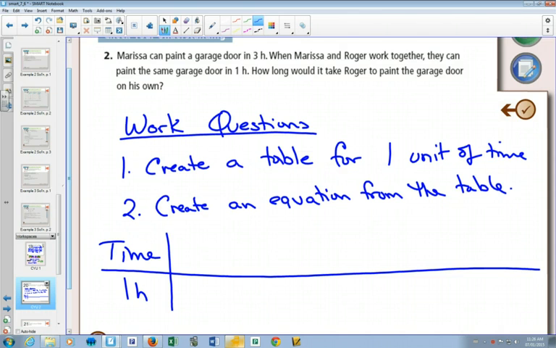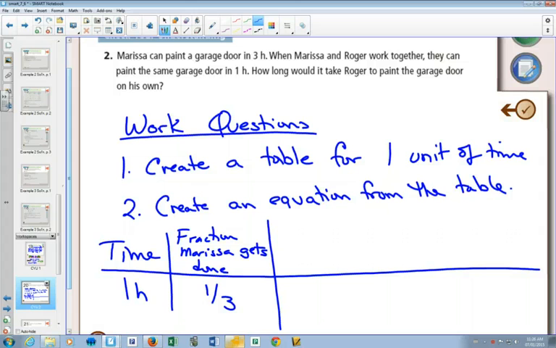How much does Marissa get done when she works in 1 hour? It'll be a fraction. 1/3, because she can do the whole thing in 3 hours. After 1 hour, she would be done 1/3.